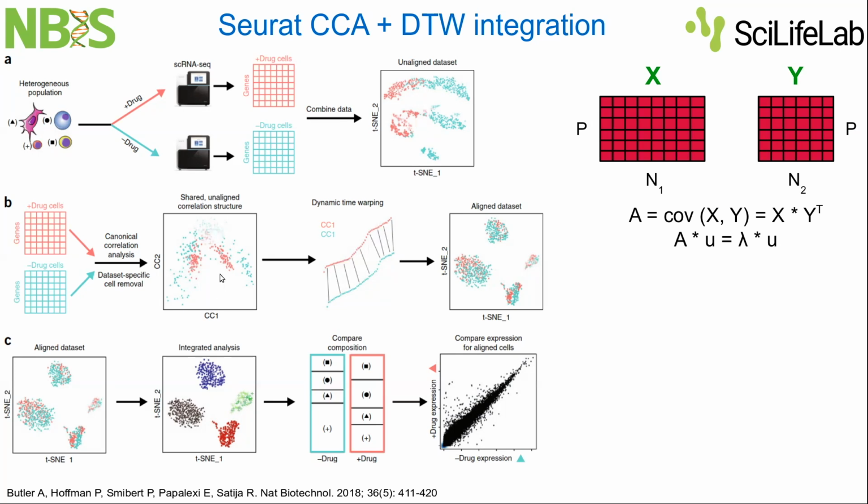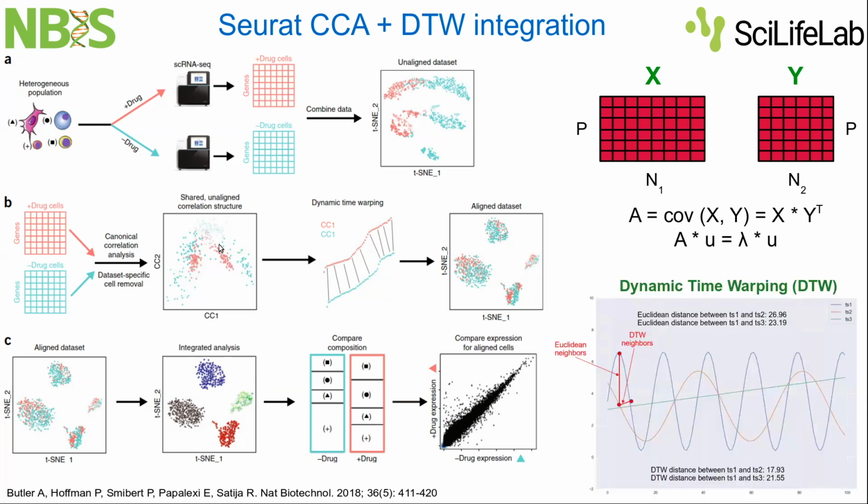However, they realized that maybe this canonical correlation analysis was not perfect. Looking at this picture in the middle, you can see that these blue, or green and red cells are not perfectly merged. But they show a similar pattern. They both look triangular, and in addition, Seurat suggested applying this dynamic time warping procedure, which I am familiar with in the context of time series data analysis.